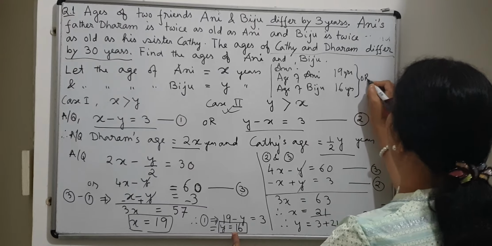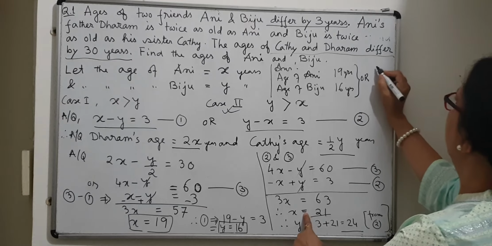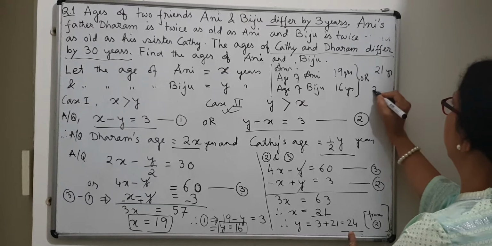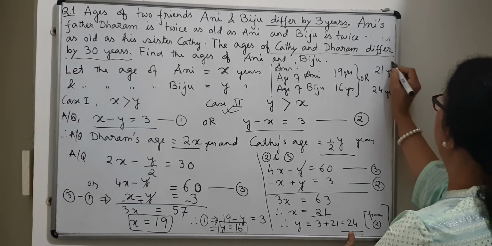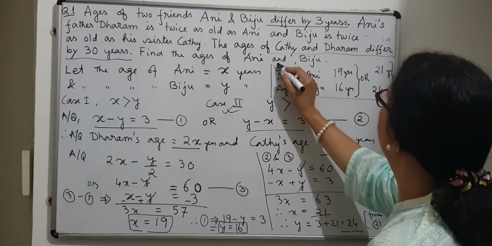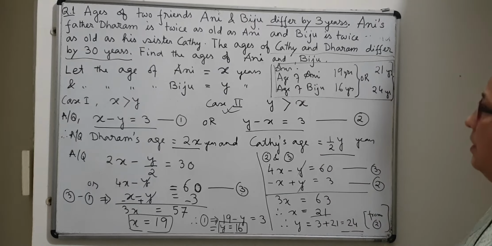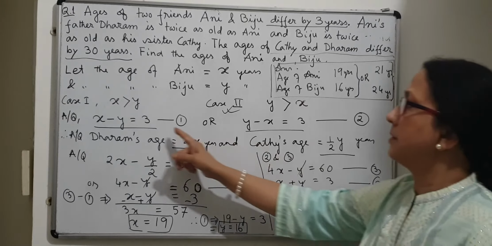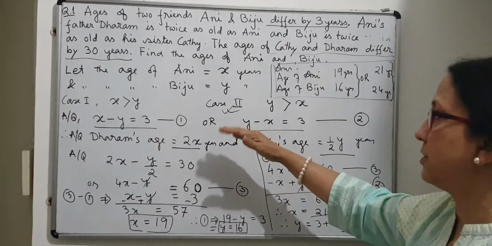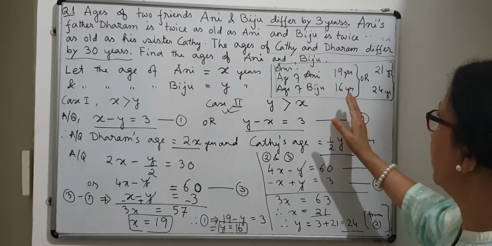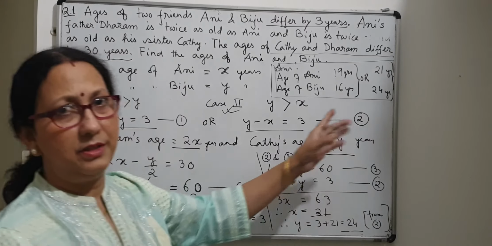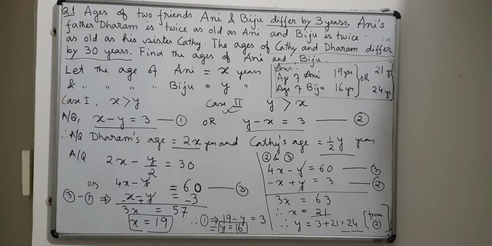Then you write x is 21 years and then y is 24 years. So another set. So this will be the answer. We have to give two sets of answers. So these things you have to consider using your common sense. What is the actual possibility in reality? So in this way you will be getting two sets of answer in this kind of question. Okay.